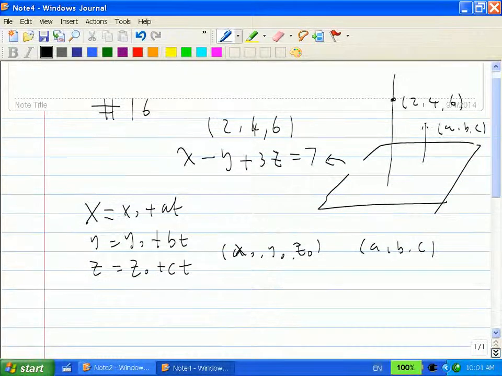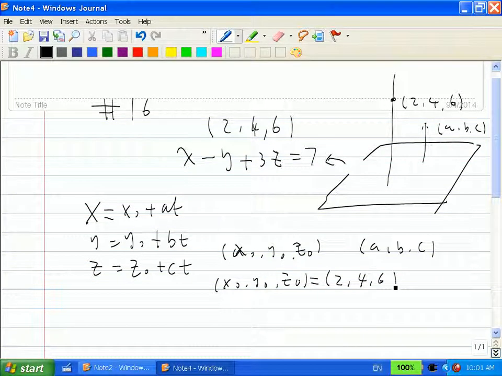For this problem, x naught, y naught, z naught is easy to find, since it has been given: the point (2, 4, 6). Next we need to find a, b, c, a vector your line is parallel to. We know this line is perpendicular to the given plane.